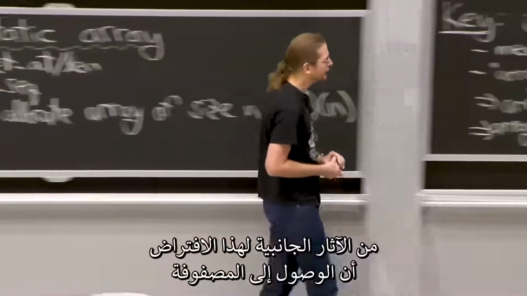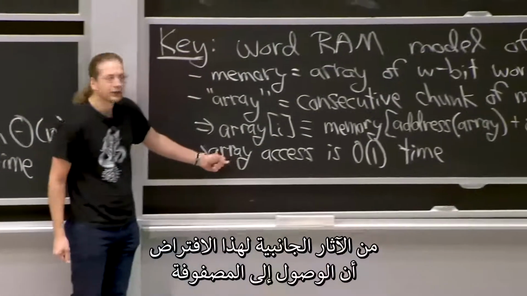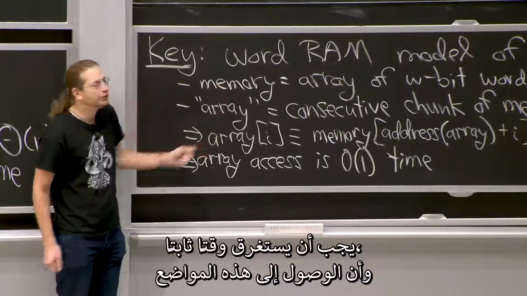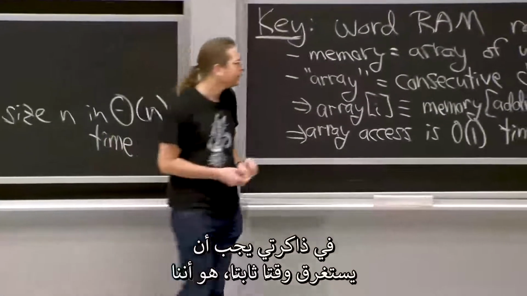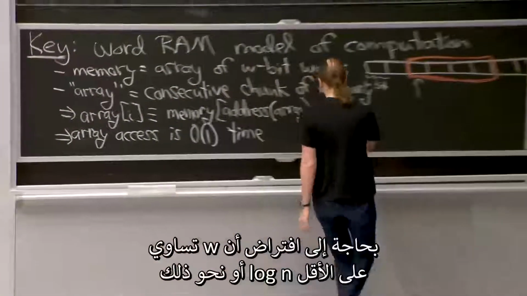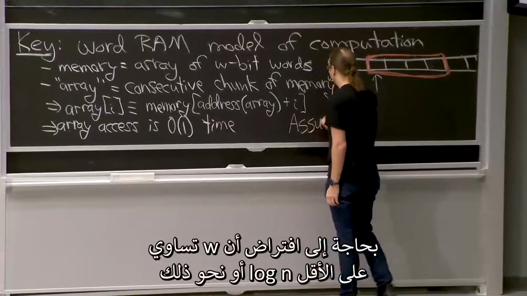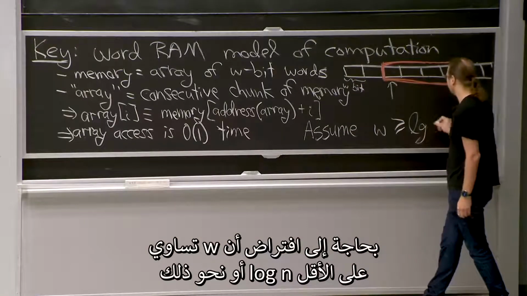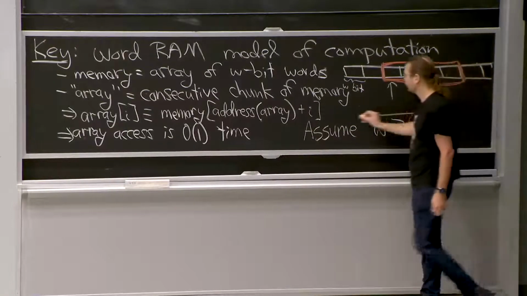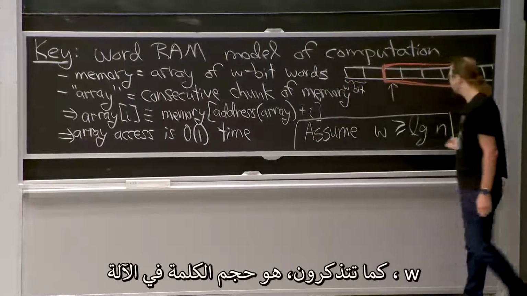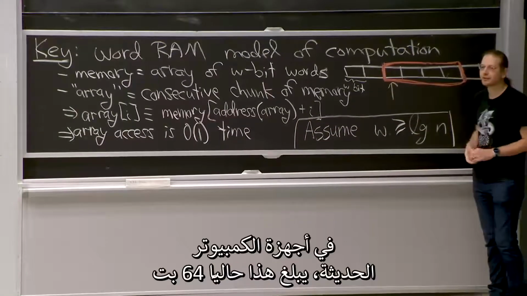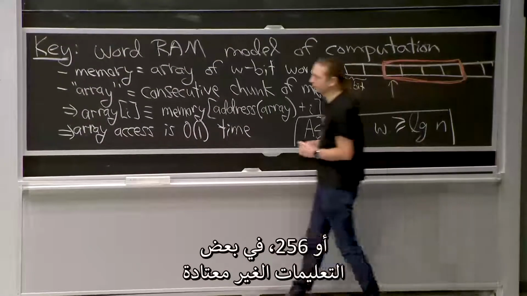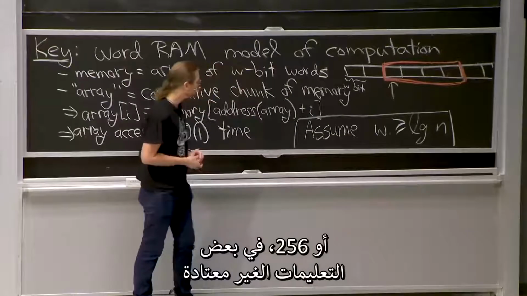A side effect of this assumption that array access should take constant time, and that accessing these positions in my memory should take constant time, is that we need to assume w is at least log n or so. w, remember, is the machine word size. In real computers, this is currently 64 or 256 in some bizarre instructions.